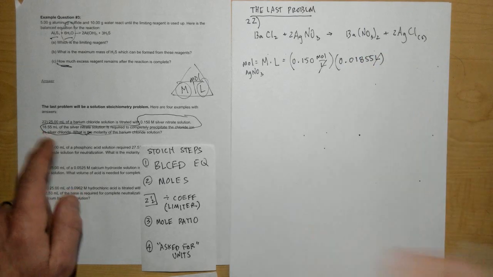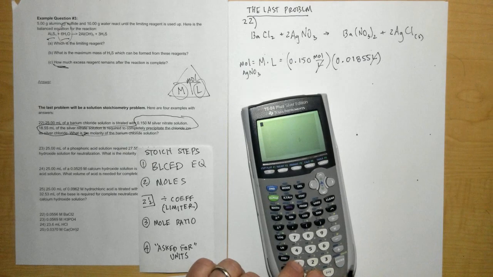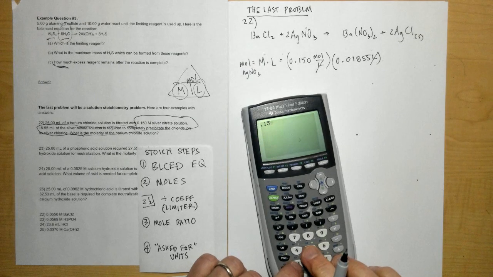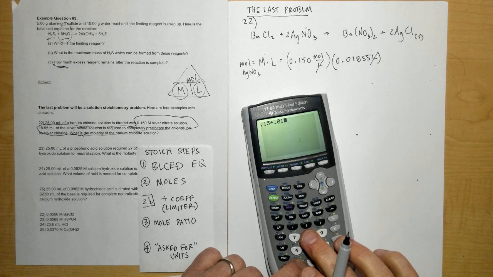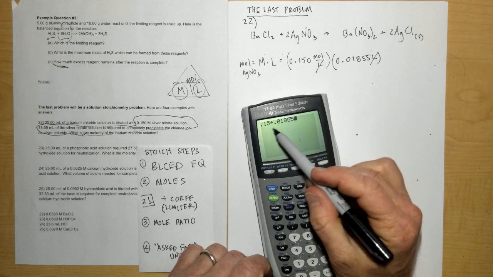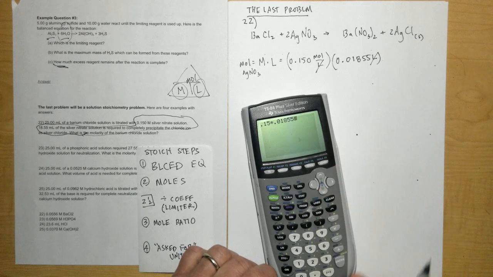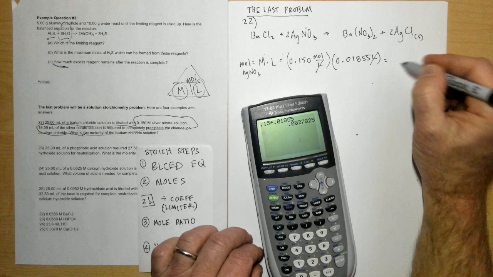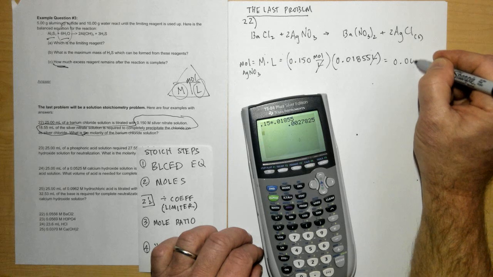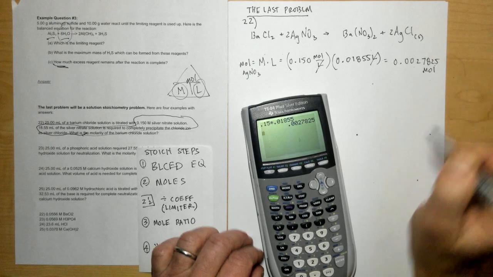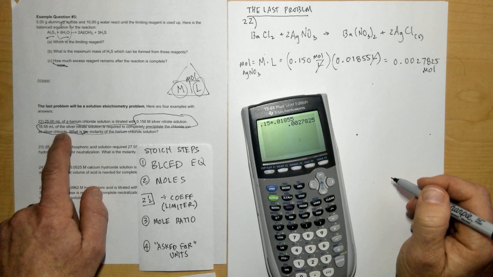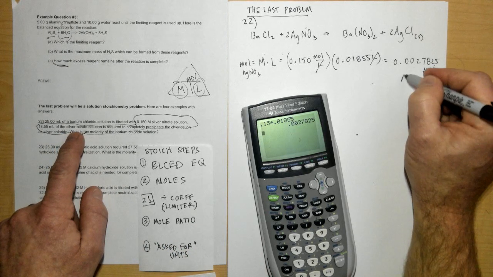The liters cancel with the liters. Now we go ahead and do this in our calculator. 0.15 times 0.01855. Let me just double check, make sure I got the right numbers in the calculator. And I end up with 0.0027825 moles of my silver nitrate solution.